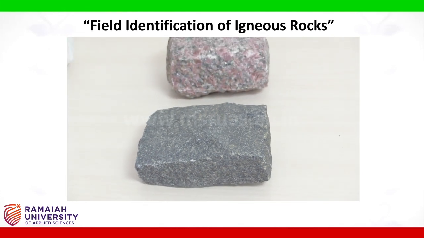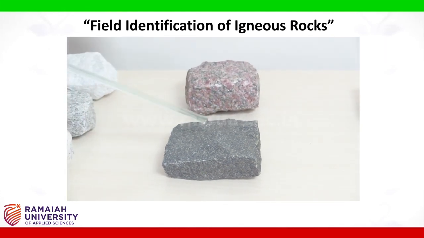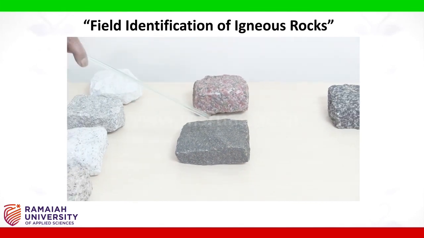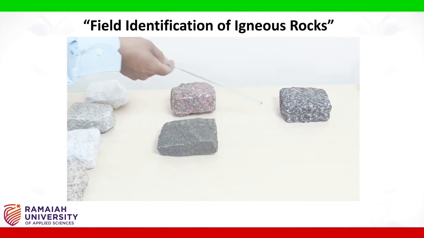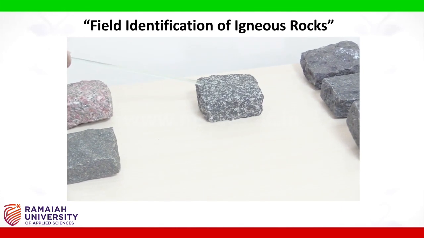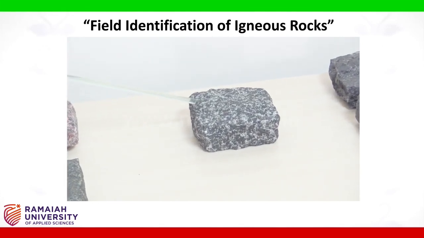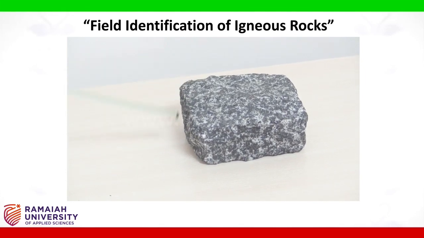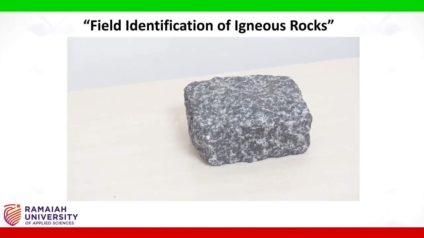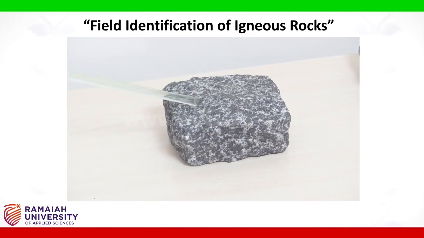There will be enhancement of the iron magnesium minerals, that is hornblende and biotite, in relation to quartz and feldspar. The next category of rock is the basic rock, or what we call mafic rocks. It has an enhanced amount of dark minerals.